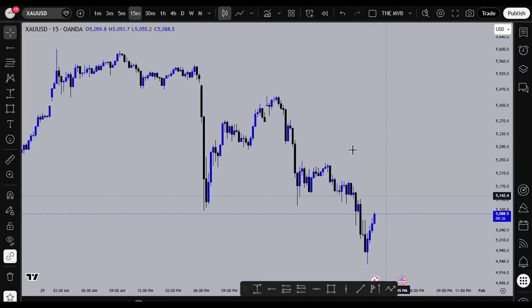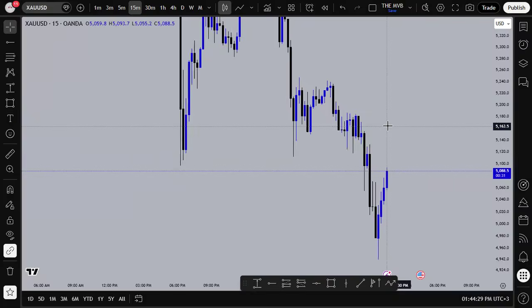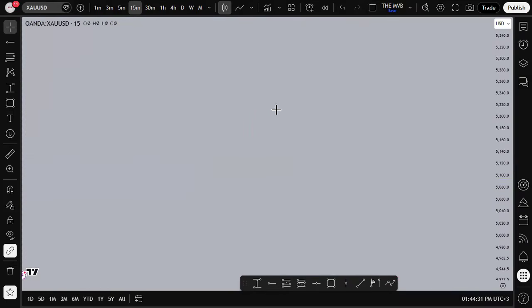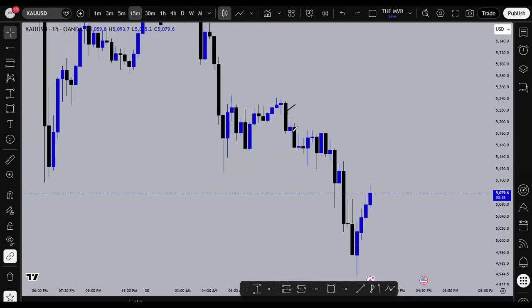The first example is a recent example. You see, we had this bullish candle, a bearish candle closing below, and then a different candle printing here. After that, we can see another bearish candle opening.